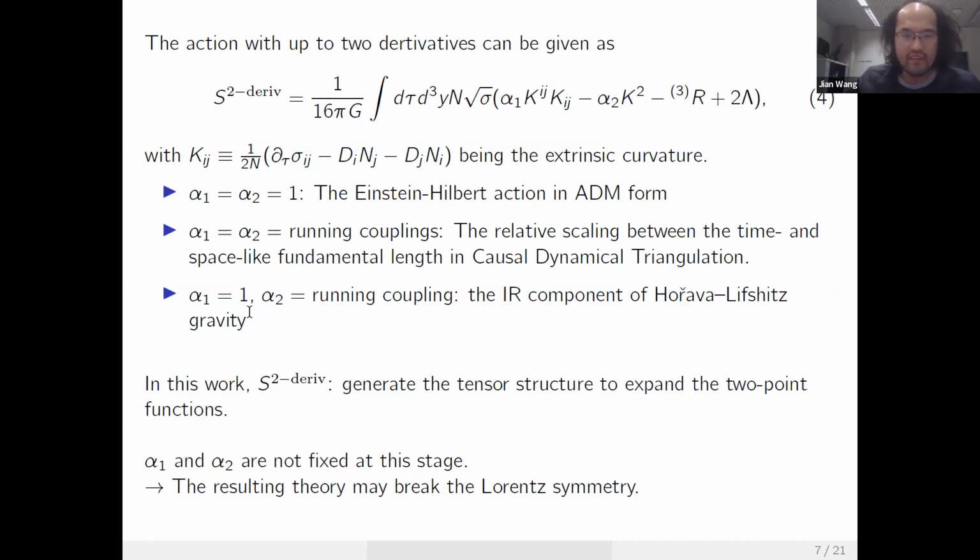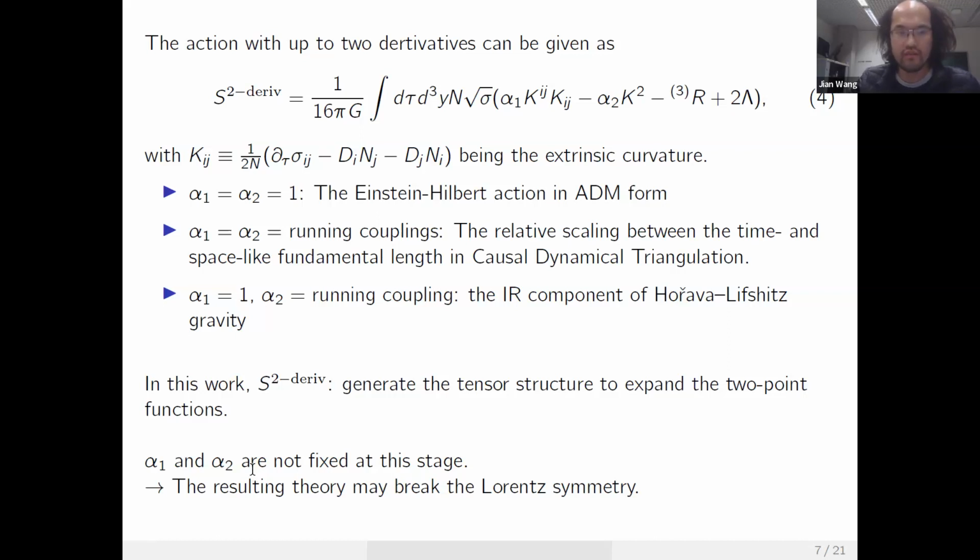So in this work, we treat the two-derivative action, this one, as the seed action to generate the tensor structure to expand the two-point function, and also to project our flows. At this stage, we will not fix alpha 1 and alpha 2.